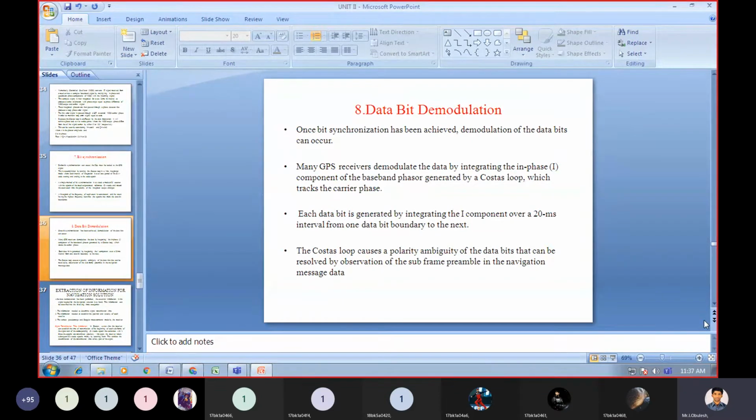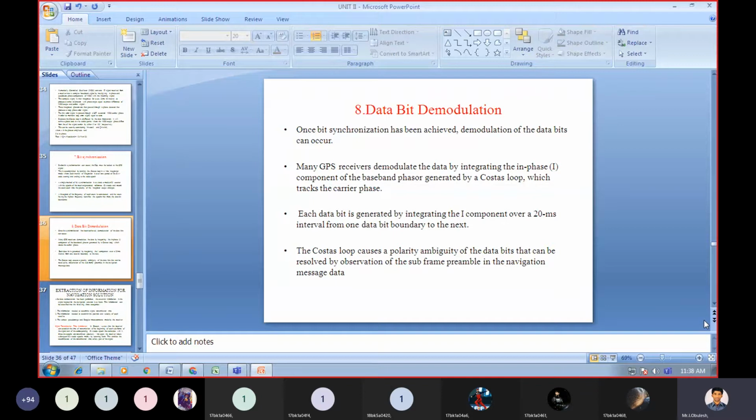Once bit synchronization has been achieved, the demodulation of data bits can occur.